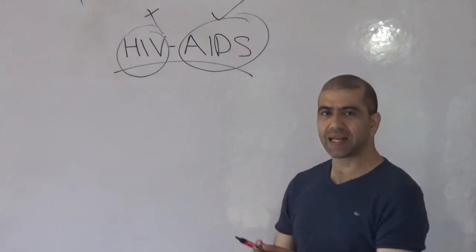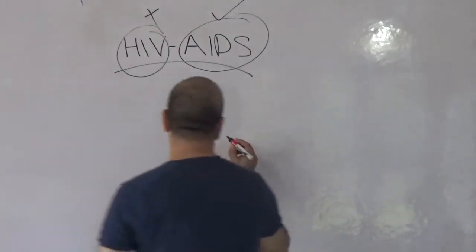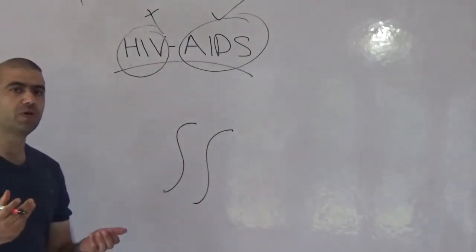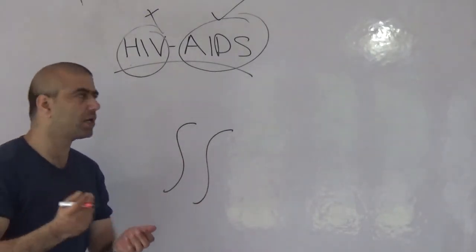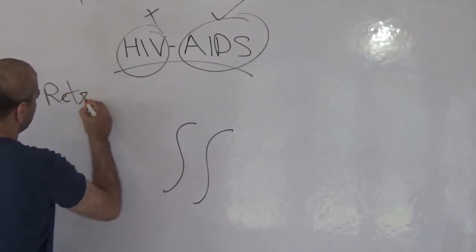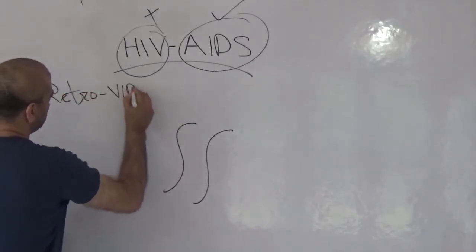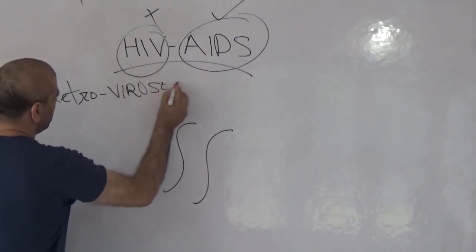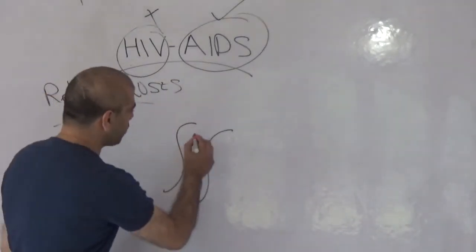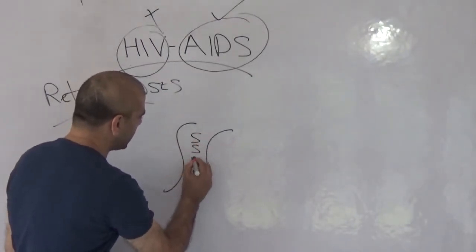Now let us go directly to the HIV structure. When you look at the human immunodeficiency virus, it belongs to the category of retroviruses. Now when you look at this genome, it's made up of single-stranded RNA.